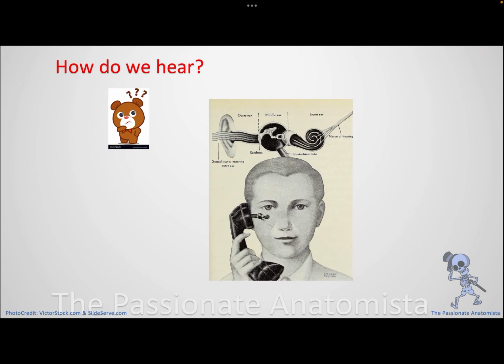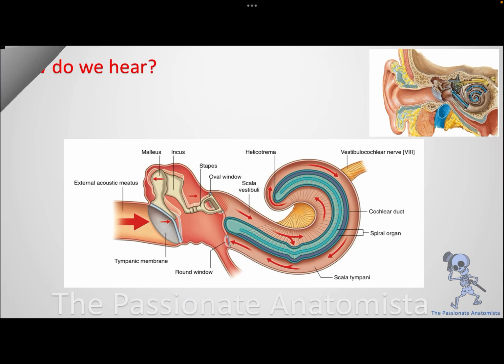All right. Now the question is, how do we hear? I already explained the story from the end, but I'm going to explain it one more time. Your auricle collects the sound waves from all around you, and these waves vibrate the eardrum, the tympanic membrane.